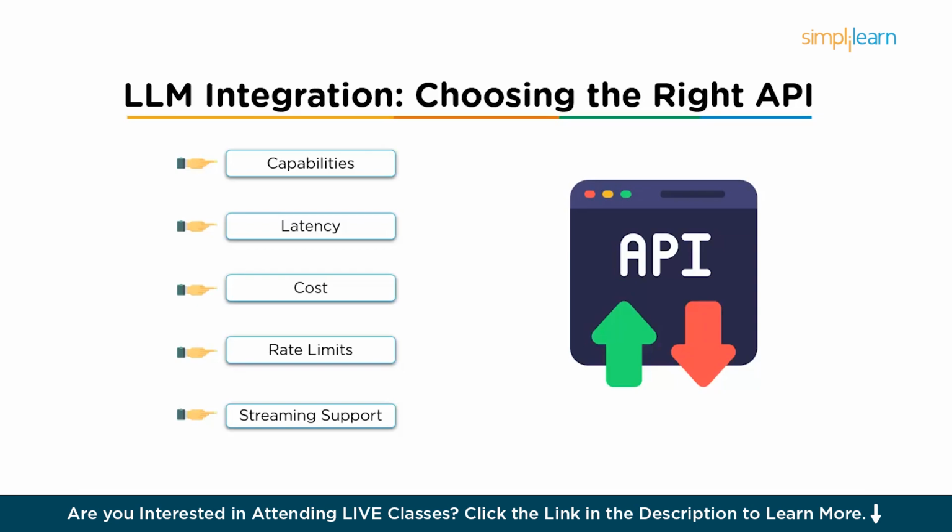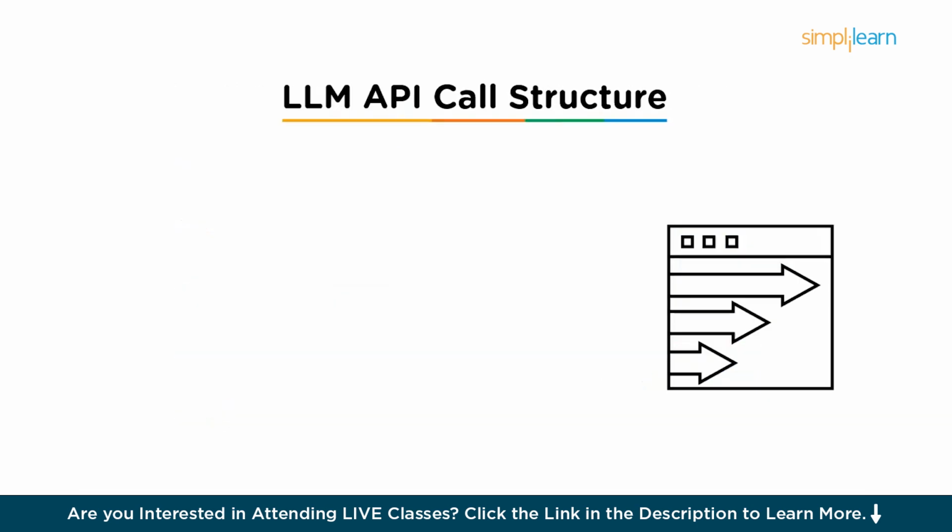This significantly improves the perceived responsiveness and interactivity for the user, making the conversation feel much more natural and less like waiting for a computer to finish thinking. By carefully evaluating these factors, you can make informed decisions about which LLM API is the best fit for your chatbot needs and ensure a robust and efficient backend.